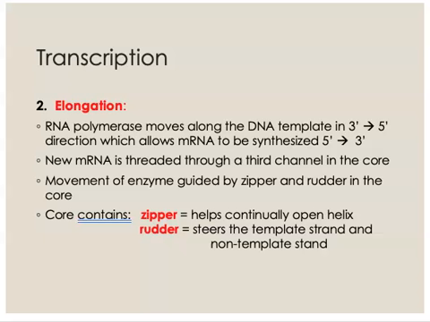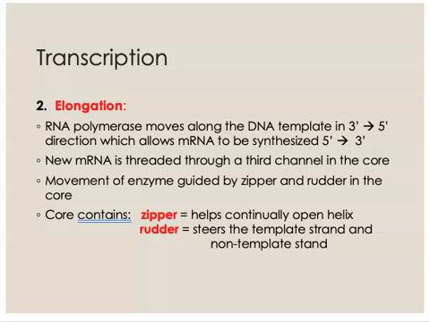Now, there's another structure or two inside of the core that we need to know about, and those are referred to as the zipper and the rudder. These are physical structures, and essentially what they are is regions of this protein, this enzyme, that are jutting out of the walls, if you will, and into the space of the tunnel.